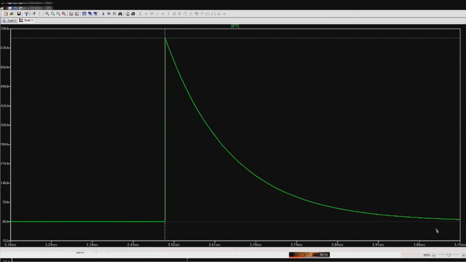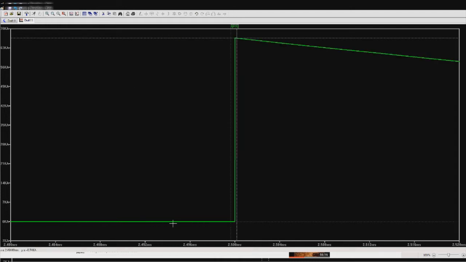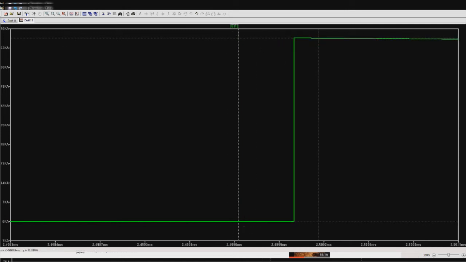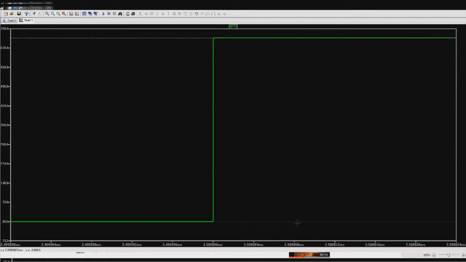So as you can see, if I zoom in a little bit more, zoom in even more, zoom very close.